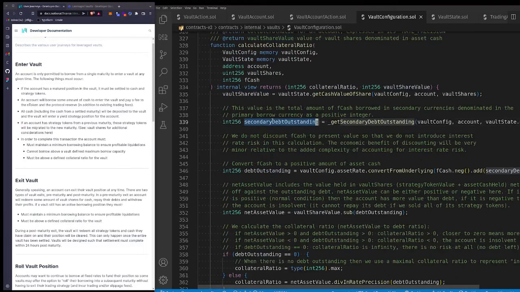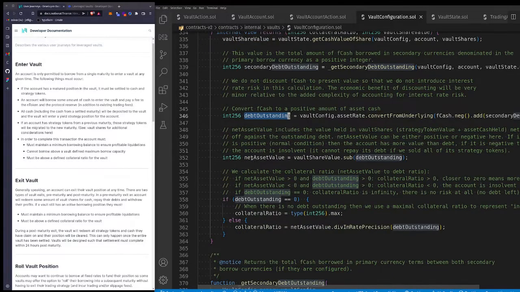Then we get any secondary debts outstanding, and we add that to any primary debt outstanding. So that's our total debt outstanding. Then we do this calculation here, and that gets us the collateral ratio, which will be the net assets divided by the debt outstanding.